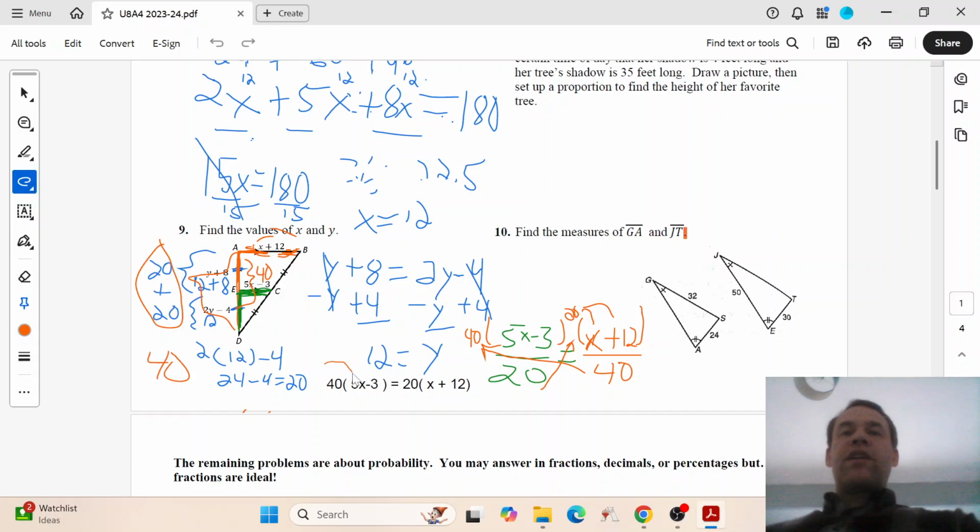So now we have 40 times 5 is 200, so 200x. 40 times 3 is 120, equals 20 times x is 20x. And then what's 20 times 12 is the question.